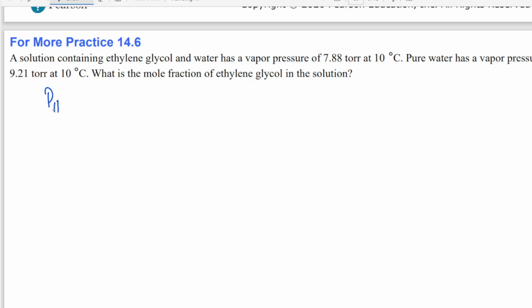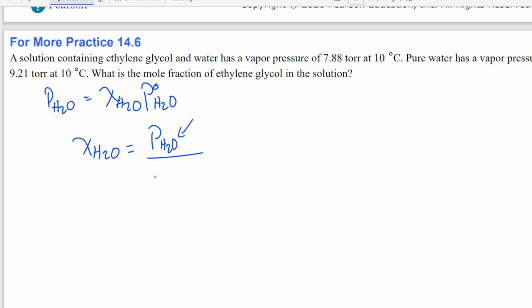And the vapor pressure of water is equal to the mole fraction of water times the vapor pressure of pure water. Okay, so the mole fraction for the water is equal to the vapor pressure for the water from the solution divided by the vapor pressure for pure water.